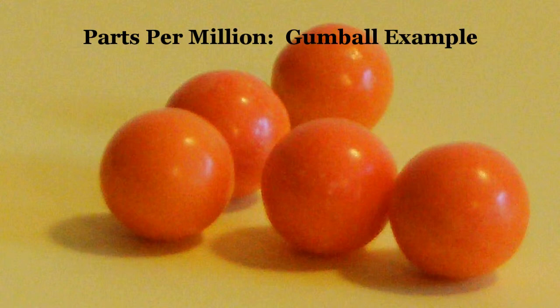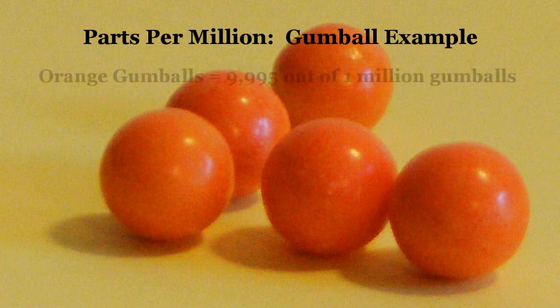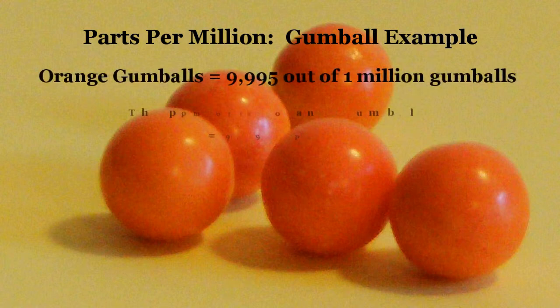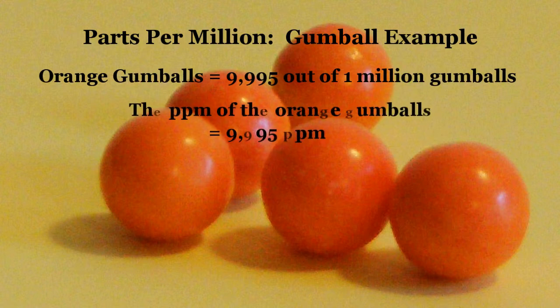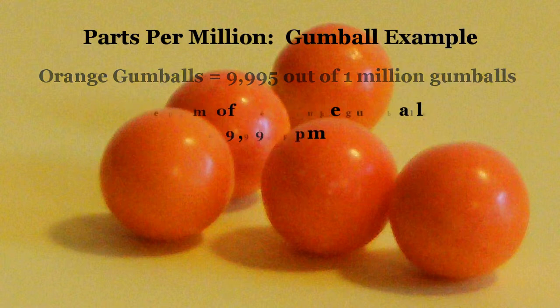After separating out all of the orange gumballs, we count 9,995 out of 1 million gumballs are orange. Therefore, the parts per million of the orange gumballs is 9,995 parts per million.